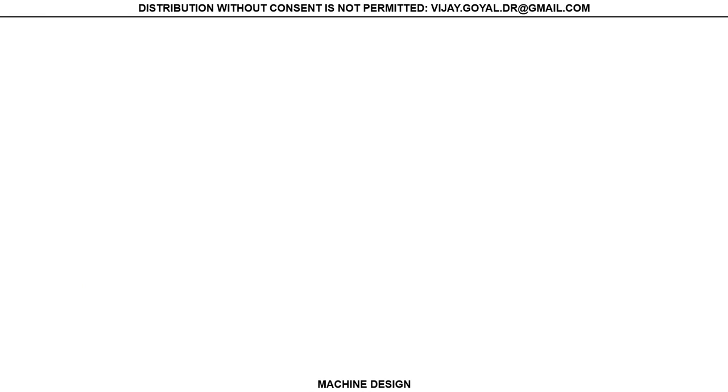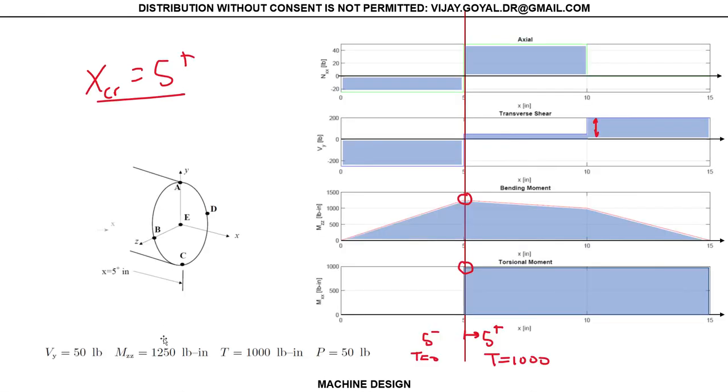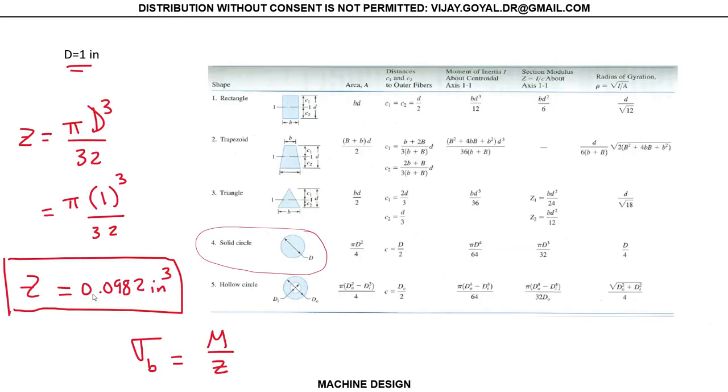So before we start anything, let's calculate all the stresses. The stress for my bending, we know that it's going to act in the x-axis, and it's going to be M over z, where your M is equal to 1250 and your z is equal to 0.0982.